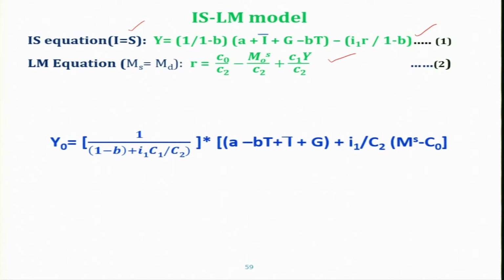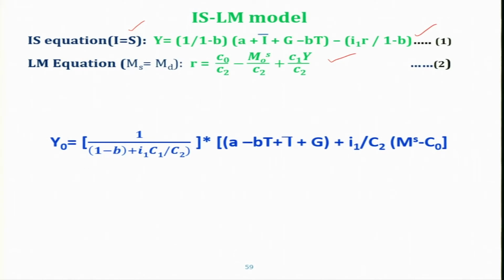You are now familiar with both equations. When both the product market and the money market, that is IS and LM, are in equilibrium, you can find the equilibrium level of rate of interest and the equilibrium level of income.